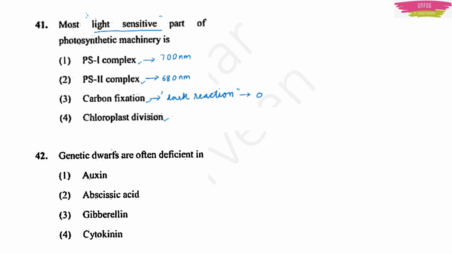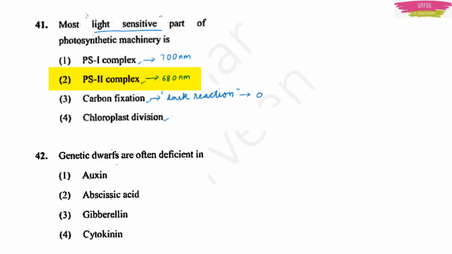So now we'll consider PS1 complex and PS2 complex. PS1 complex absorbs light of wavelength 700 nanometers and PS2 complex absorbs light of wavelength 680 nanometers. Therefore, the most light sensitive part will be the PS2 complex, 680 nanometers, and therefore PS2 complex is our answer.